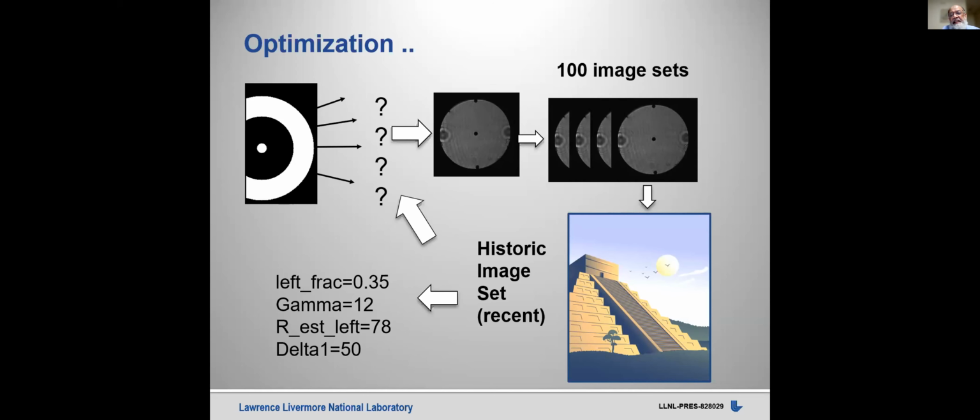Then we apply it to a historic set of images in the NIF, which could be the last 1 year of images. If there is some failure, then we readjust the parameters and rerun this loop. So it takes about 20 hours or so of optimization to get a good set.